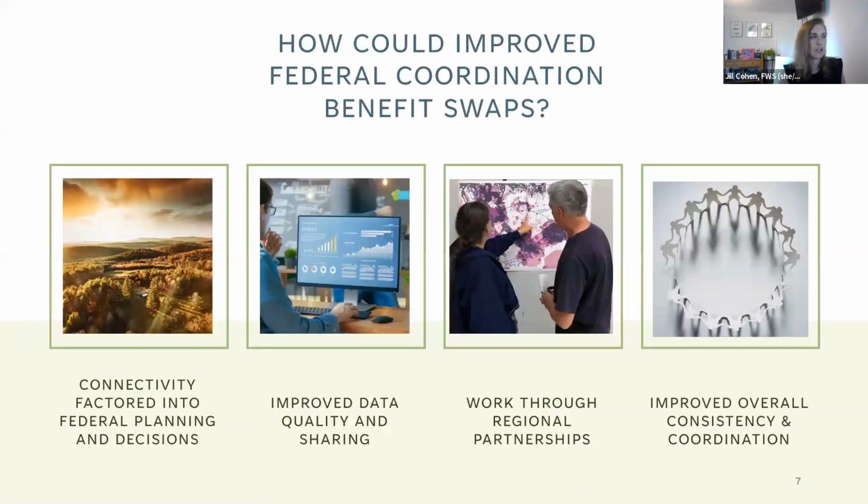So on my final slide, I just wanted to pose the question to you all, perhaps as fodder for discussion in the group, of how could improved federal coordination benefit you all in terms of your SWAPs. So thinking about connectivity being more explicitly factored into federal planning and decisions, having better data transparency and data sharing, having these regional partnerships that federal agencies are supposed to be part of, that presumably states would also be engaging in, and just that improved overall consistency and coordination.